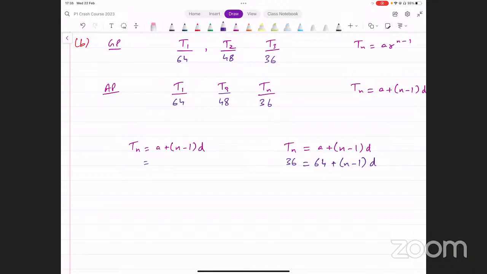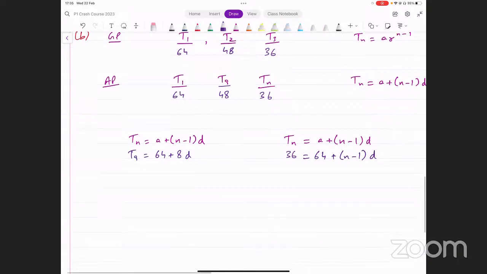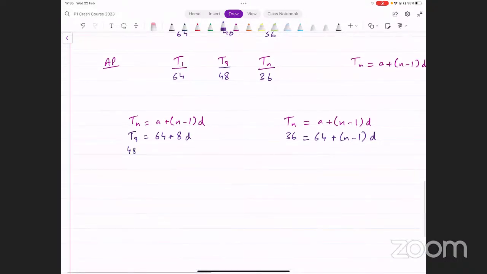A is 64 plus n minus 1, that's 9 minus 1, 8 times the difference. This is T9. Now the value of T9 is 48. So we have 48 equal to 64 plus 8D. And that gives us minus 16 equal to 8D. The value of the difference turns out to be minus 2.